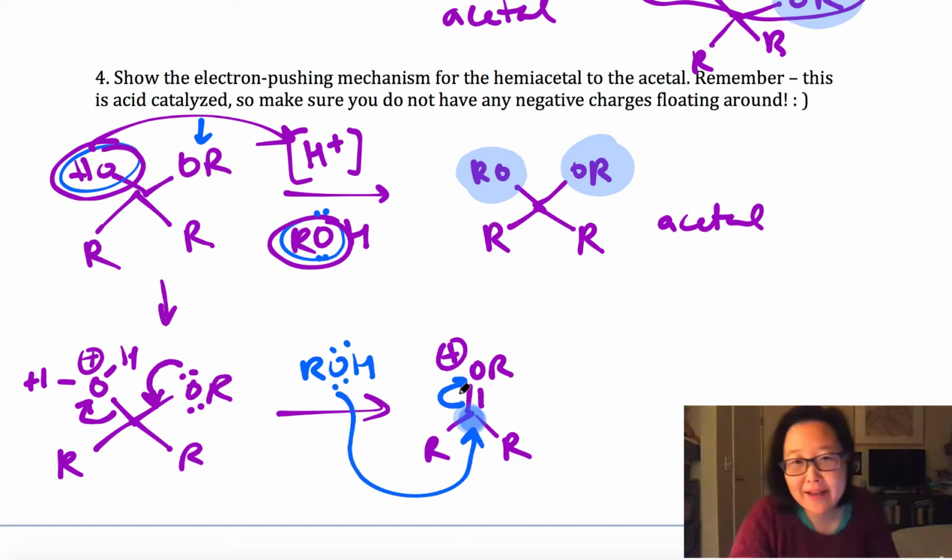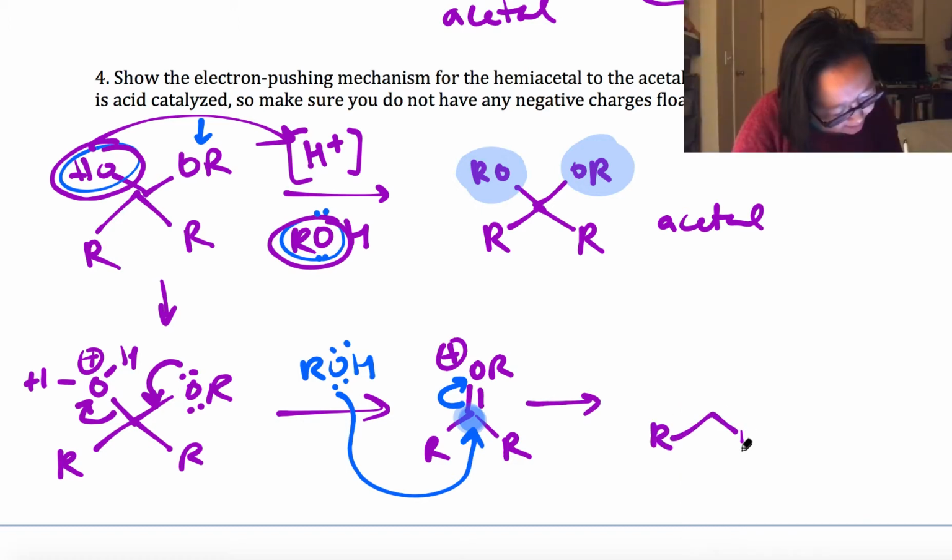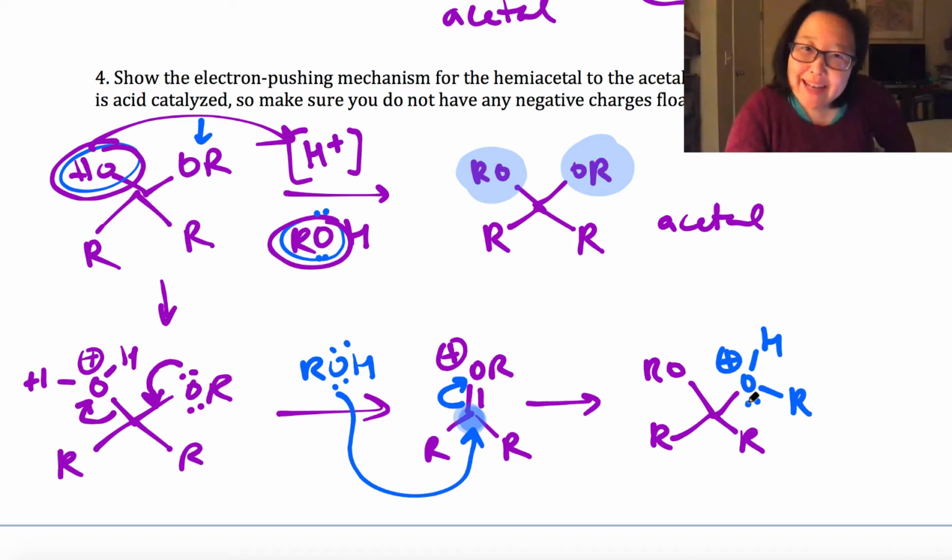And now we have just a regular nucleophilic addition on this carbonyl. So the next step is going to be to have an OR from before and the new alcohol, the second equivalent of this alcohol that attacked. Okay, so right here. Now again, this could leave because that's a good leaving group.